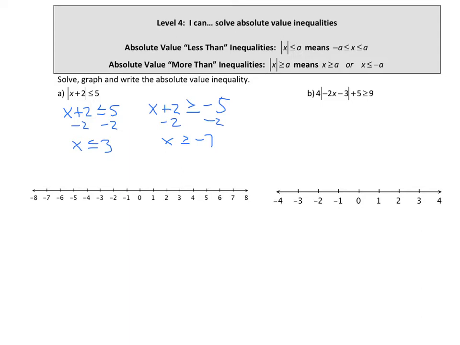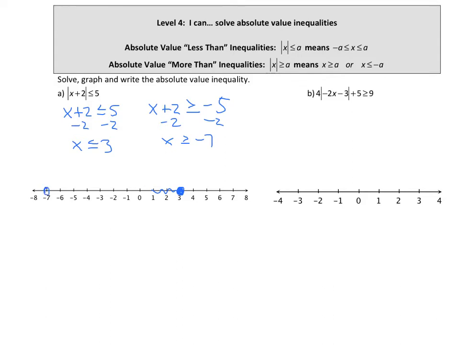So I start with x is less than or equal to 3. That's going to be a closed dot at 3, and less than 3 shades to the left. But I also want to see what's going to happen with my other inequality. So my other one is x is greater than or equal to negative 7.